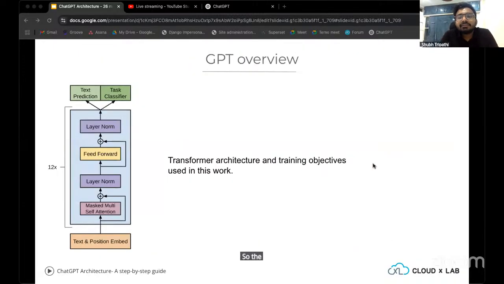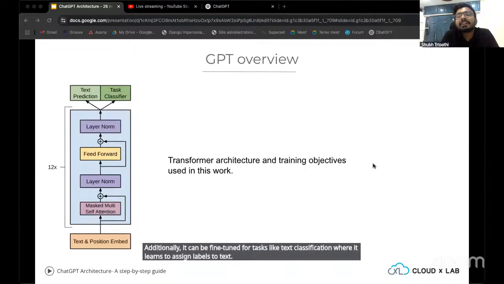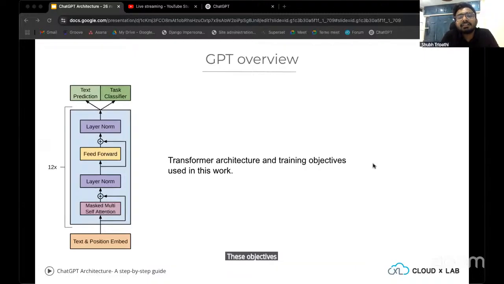The model is trained with specific objectives to learn meaningful language patterns. The primary goal is text prediction: given a sequence, predict the next word. Additionally, it can be fine-tuned for tasks like text classification, where it learns to assign labels to text. These objectives help the model generalize.